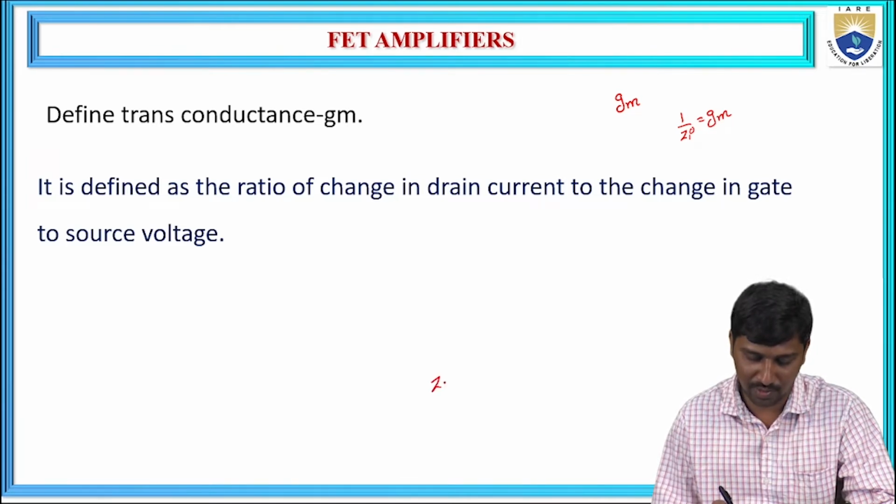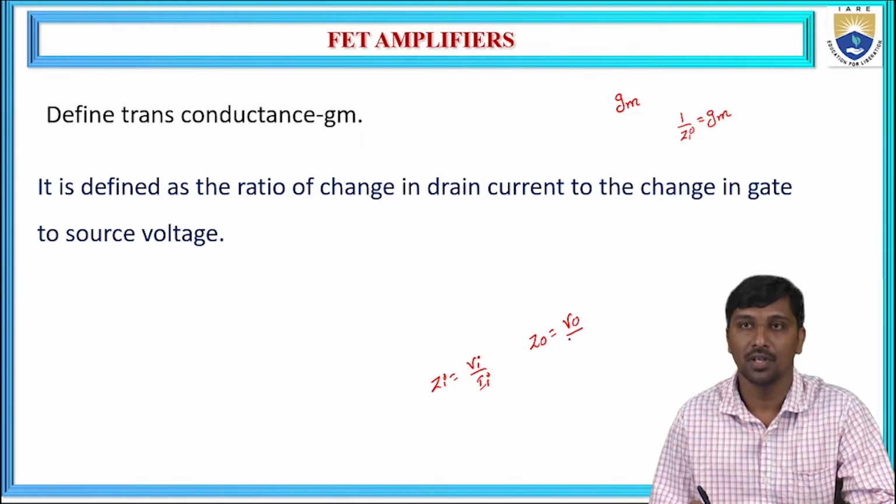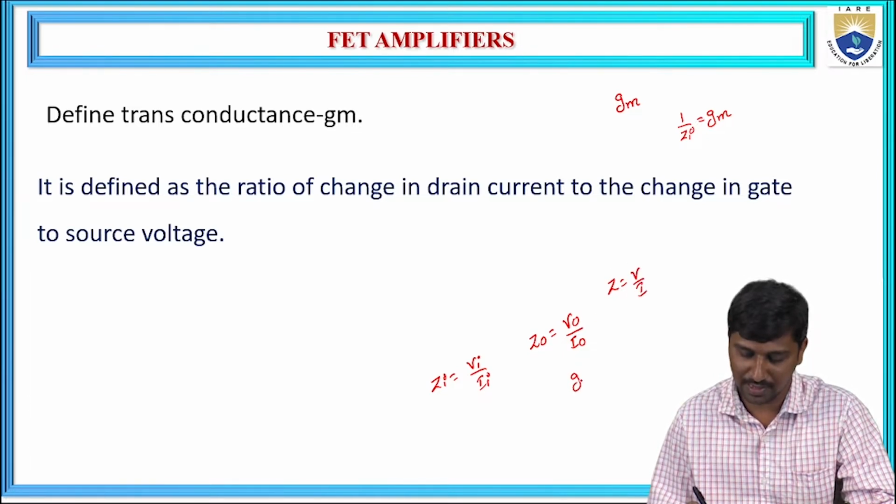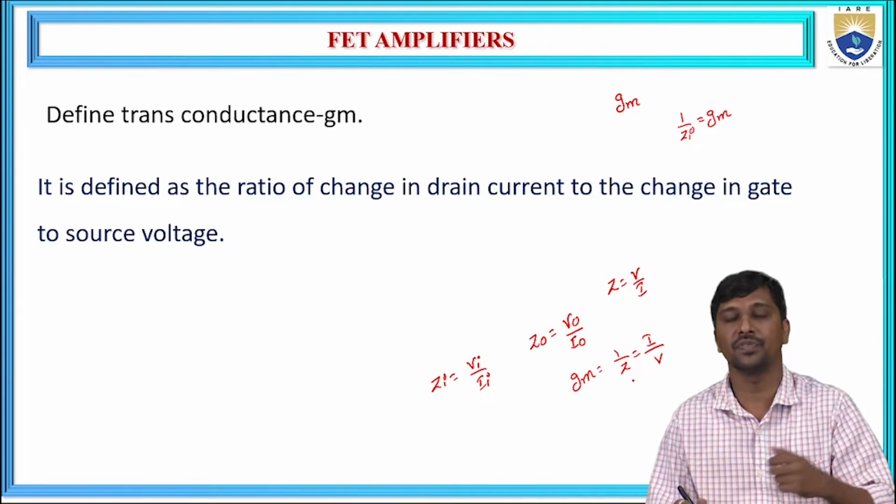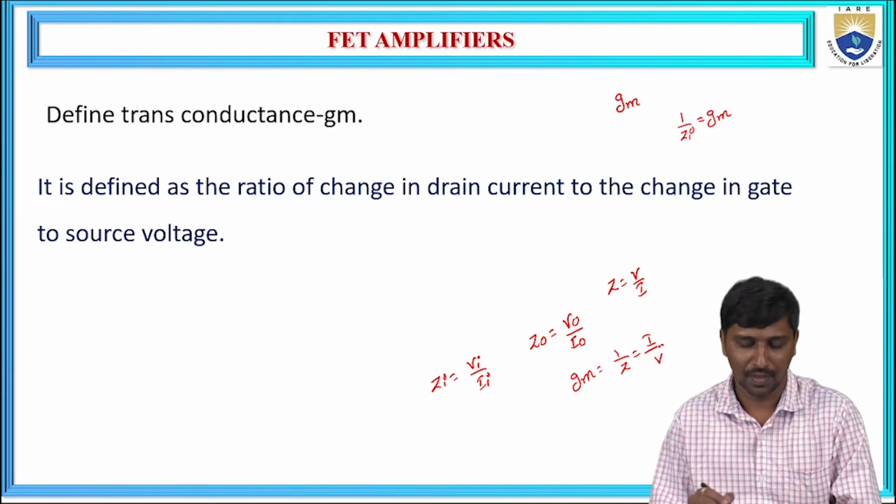We know that the input impedance is the ratio of input voltage to the input current. If you want to write the impedance at the output side, it is the ratio of output voltage to the output current, that is defined as V by I. From this, we observe the transconductance. It is the reciprocal of impedance, hence it is defined as the ratio of current to the voltage.